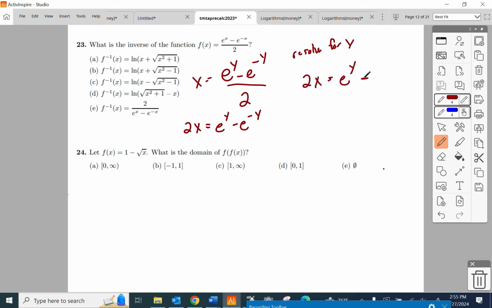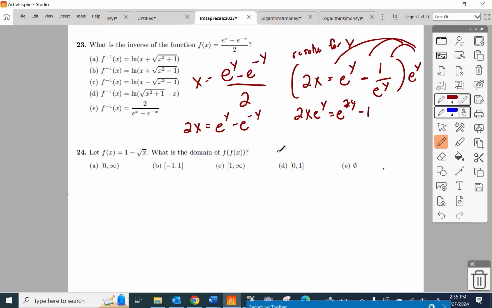I'm going to rewrite this as 1 over e to the y. And it may not be clear why I'm doing this, but now I'm going to multiply by e to the y every single thing. E to the y times e to the y is e to the 2y. They cancel, minus 1. And I'm going to shift this over.